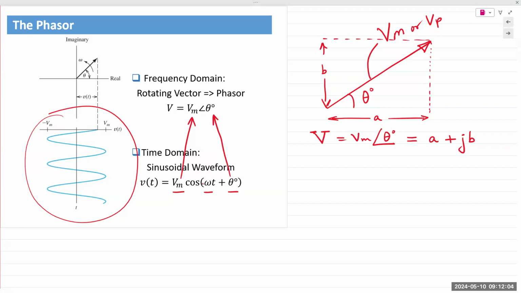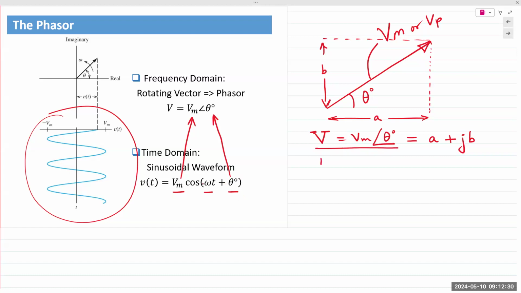And that is provided by the magnitude or the peak value of the waveform and the phase or the phase shift of that waveform. So you have Vm and you have theta. And you can write the phasor directly, Vm with the angle theta. Okay, that gives us the vector in polar coordinates.